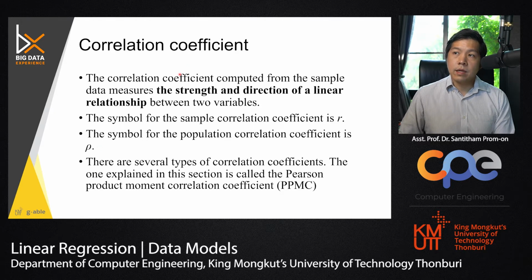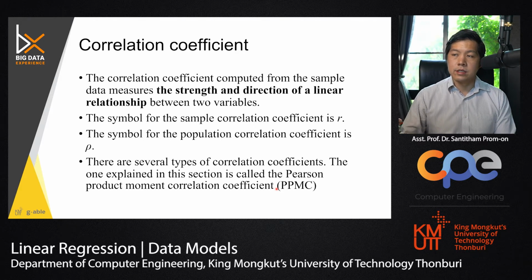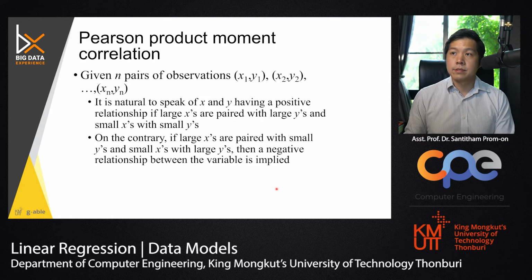The type of correlation that we will focus on in this course is only one of them. There are actually plenty of correlation measurement techniques. The Pearson correlation is used to assess correlation in linear relationships. So how does it work?